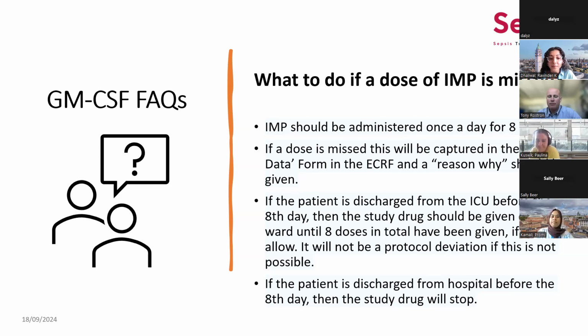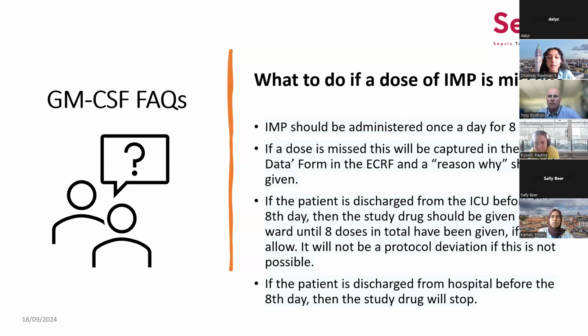Apologies if you already covered this, but if the pharmacy dispense 2 boxes to stay in the fridge in our little research office, how do we know which one to take? Will it be coded and we're told which one to take? So I'll cover it in the next bit about randomization.